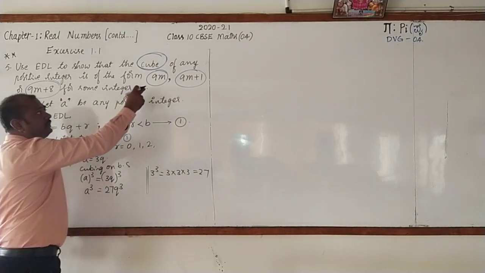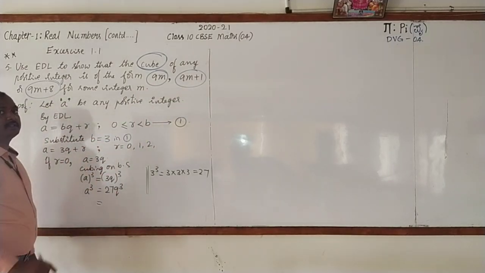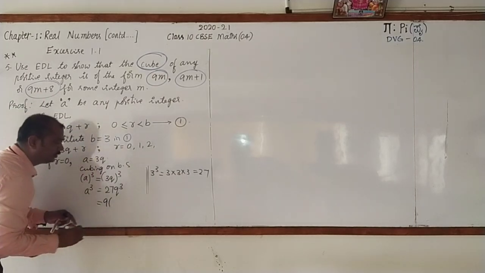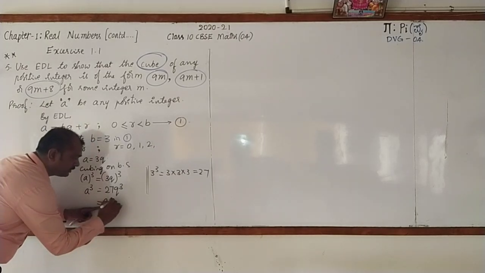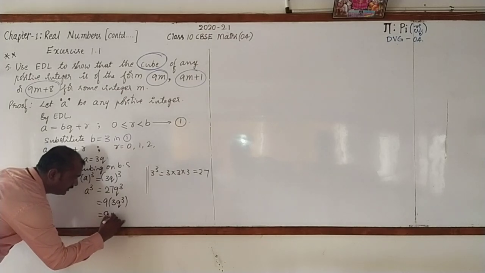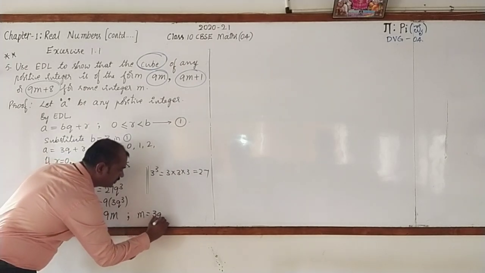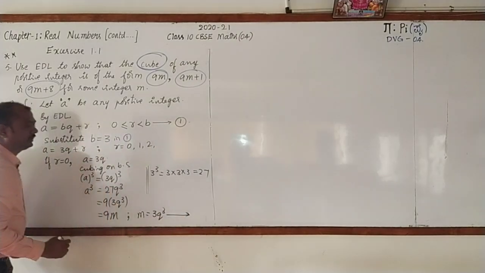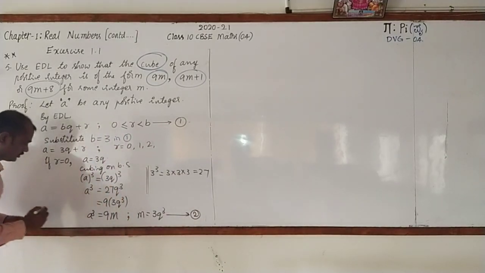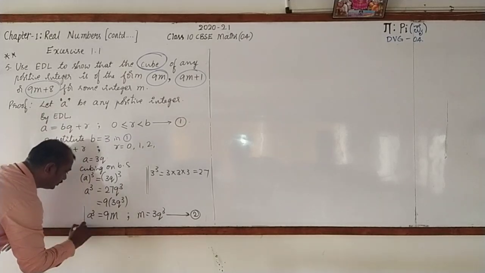But the cube of any positive integer is of this form. As I said earlier, 27 is a multiple of 9. Hence, I can write it as 9 into 3, 9 times 3 are 27, so 3 cube. Now it can be written as 9m. So what is m? m equal to 3q raised to the power 3. I call it statement 2. Again, to highlight this, I will use the blue mark.